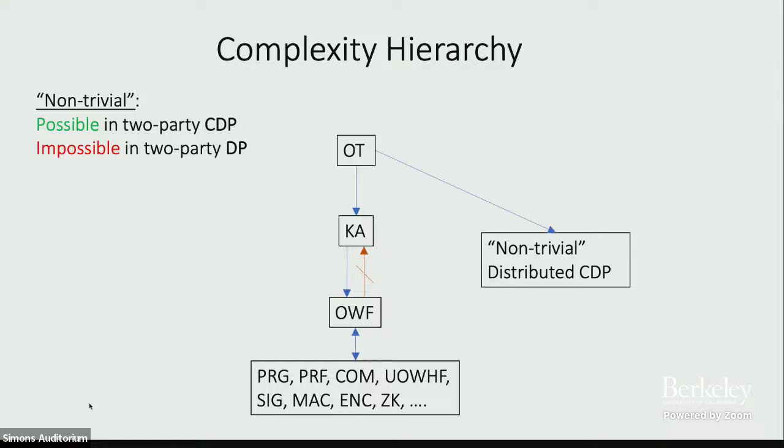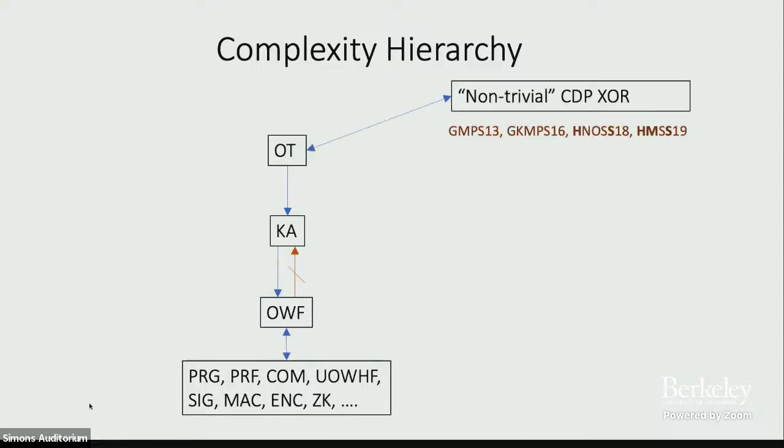We can achieve each such task using OT, and it's not hard to see that non-trivial distributed computational differential privacy implies one-way functions, but we want to know where to put it between OT and one-way functions.